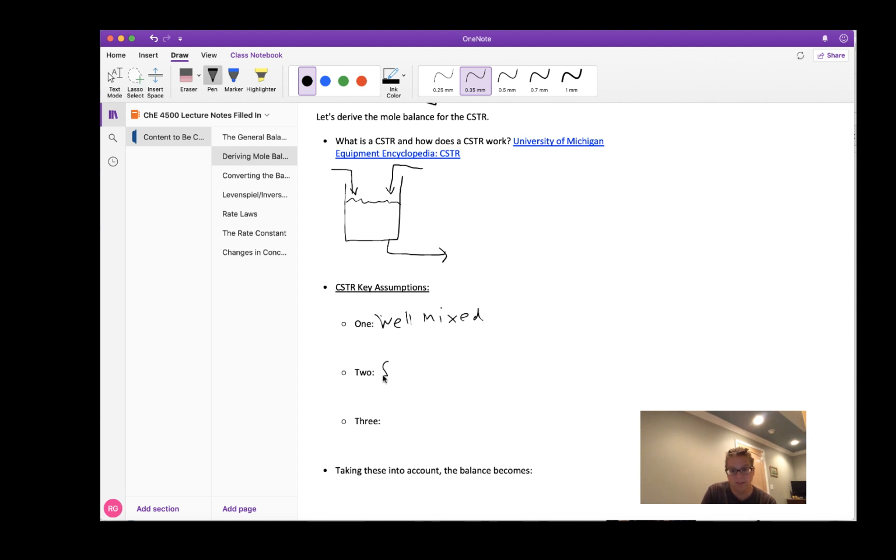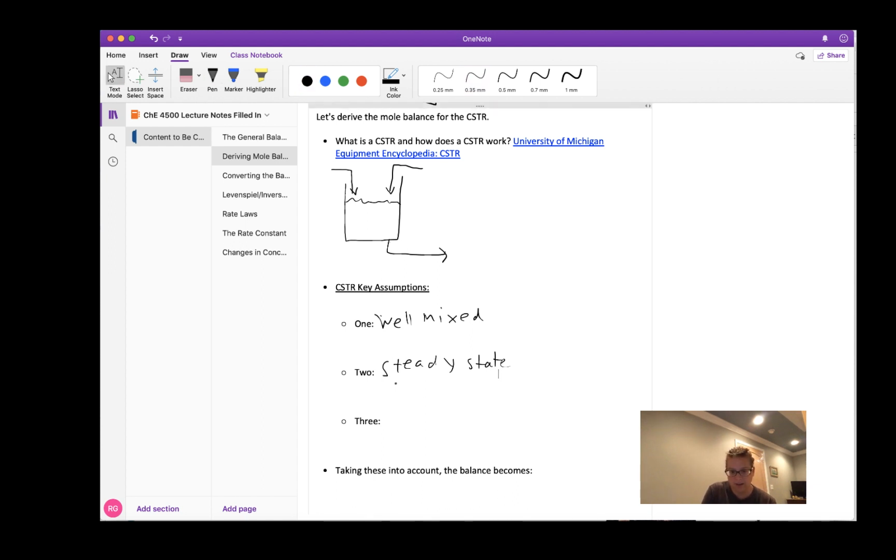Another is that it's steady state. The last one is characteristic of the CSTR. So basically, when the contents dump into this liquid here, and then the tank, we have a draw coming out, so an effluent stream or an exit stream. The exit stream is the same concentration, temperature, all the same system variables as the fluid inside the tank.